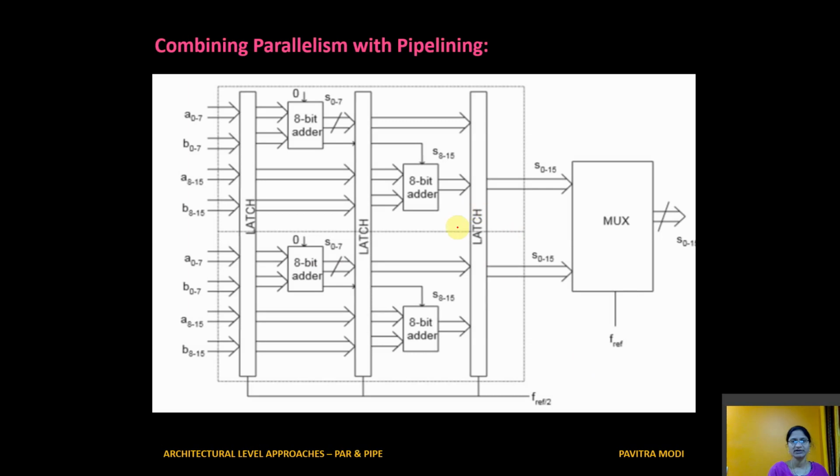because of which here I have considered 2 copies of the same 16-bit adder. But again, each 16-bit adder is going to be considered under pipelining architecture. Therefore, each 16-bit adder has been split into 2 8-bit adders.